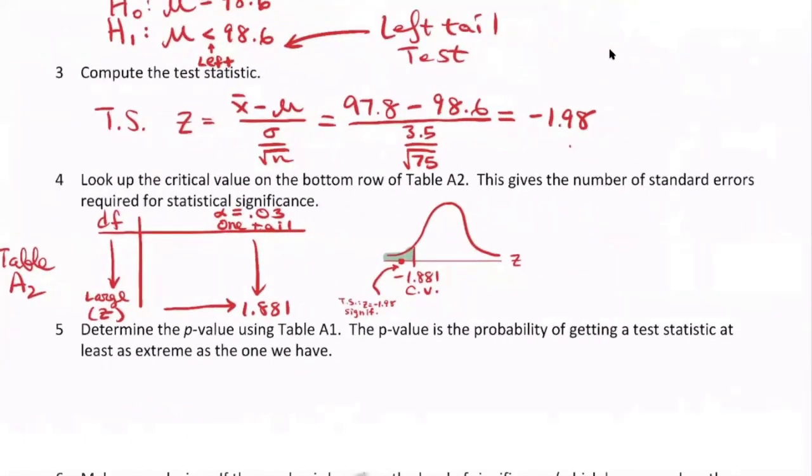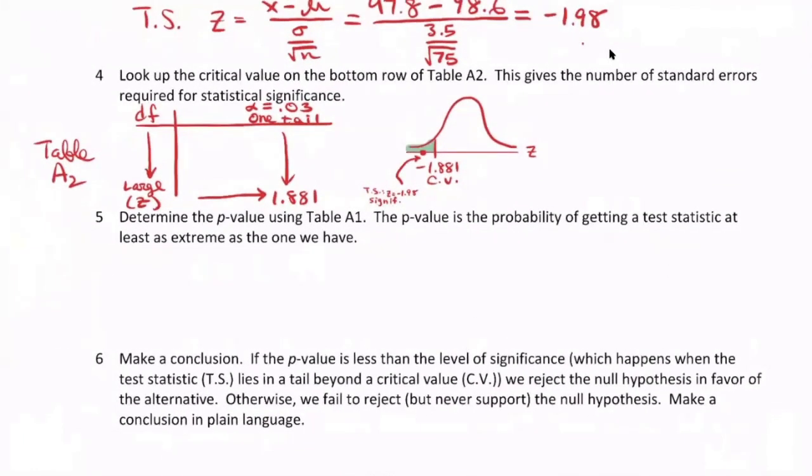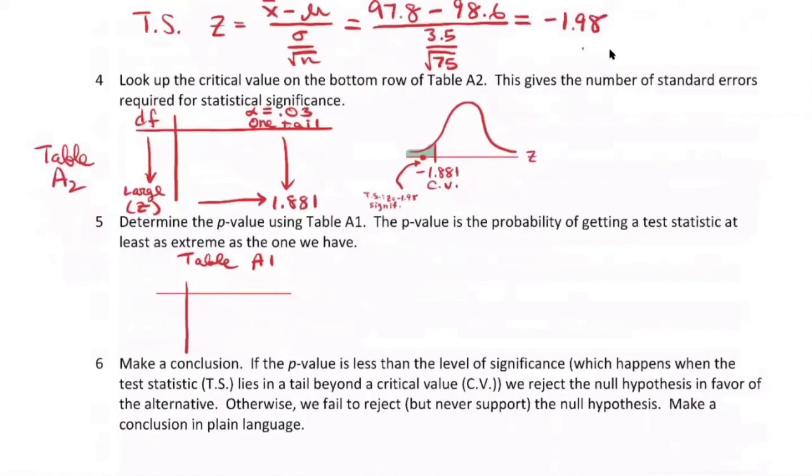Then comes the p-value, table A1 still. So here we go. This is our test statistic now. Find how probable it is to get something this small. We got negative 1.98.